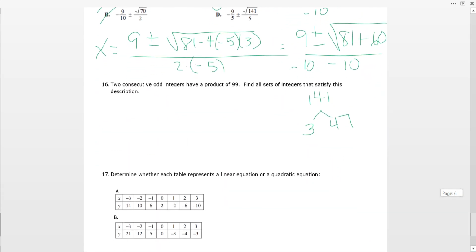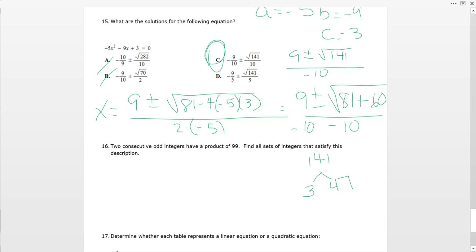Okay, consecutive integers. If there's consecutive odd integers, that means one of them is x, and one of them is x plus 2. And if I multiply them, I end up with 99. So I'm going to multiply them out, x squared plus 2x. I'm moving my 99 over here, so it's minus 99 equals 0.